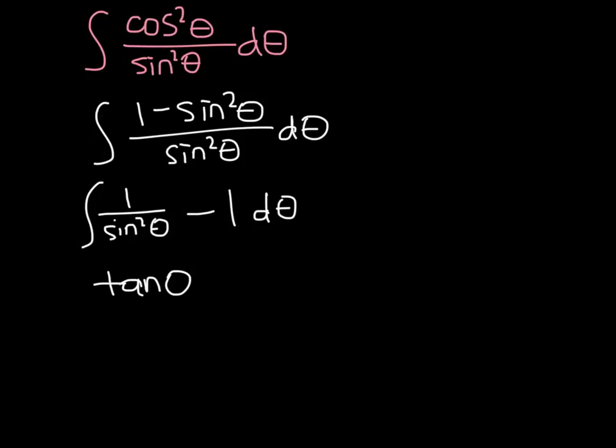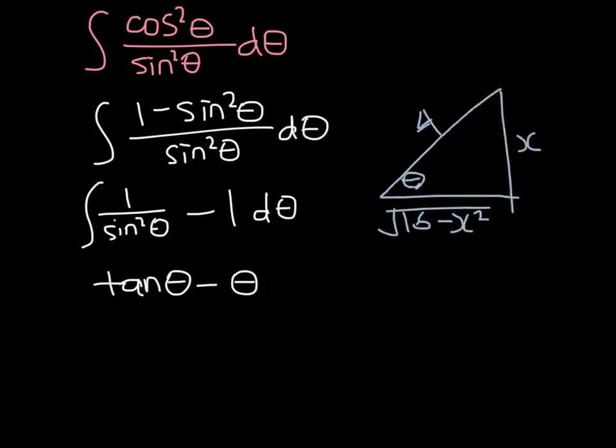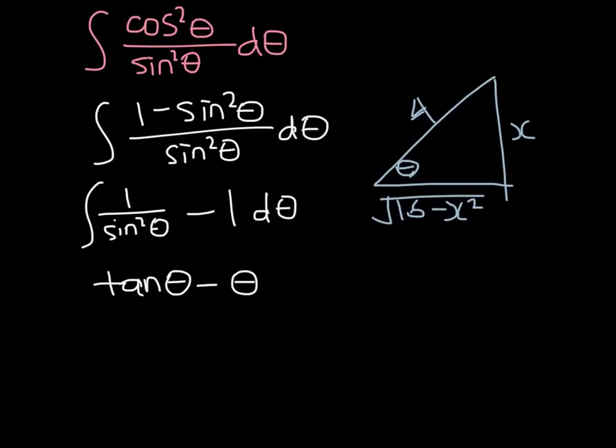tangent theta minus theta. Now all we have to do is turn this back in terms of x. If we look back at our graph, I'm going to put a copy of it here, we'll see that the tangent of theta is equal to x over the square root of 16 minus x squared.